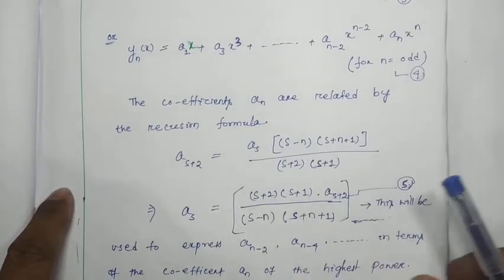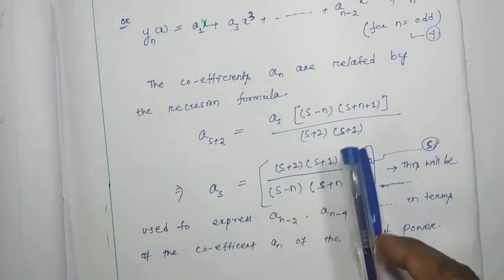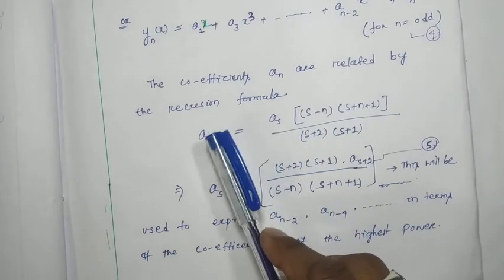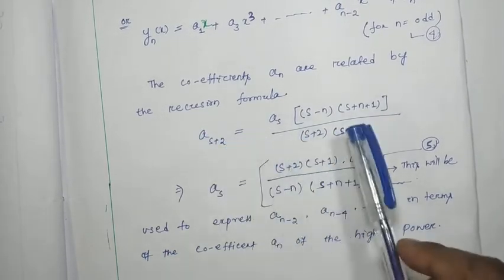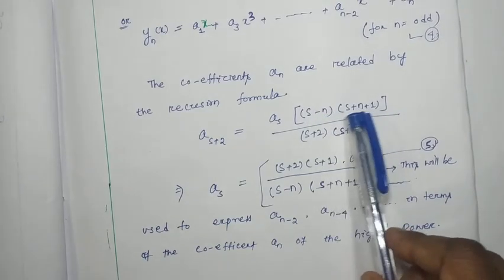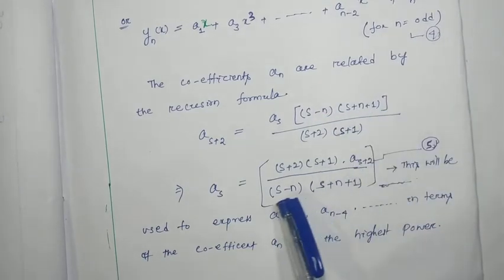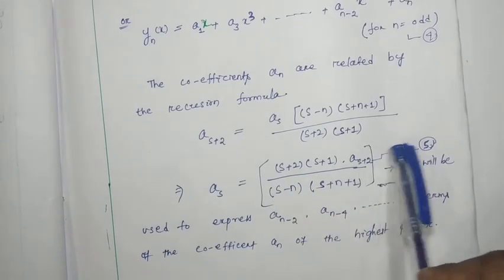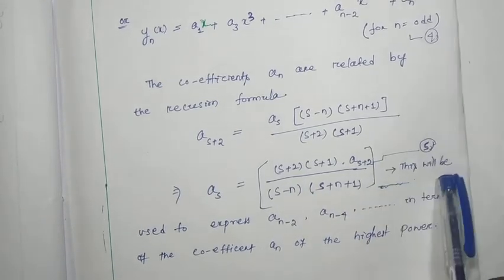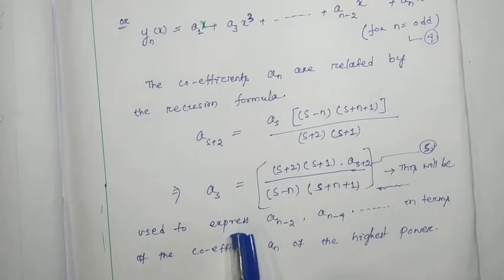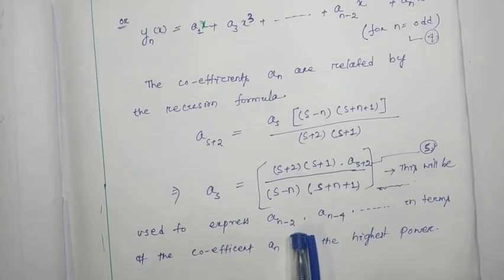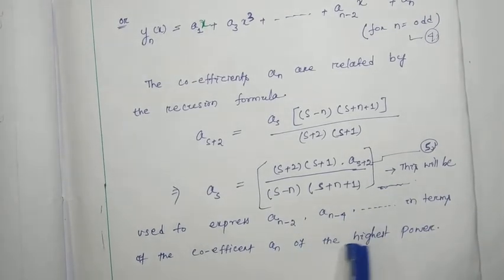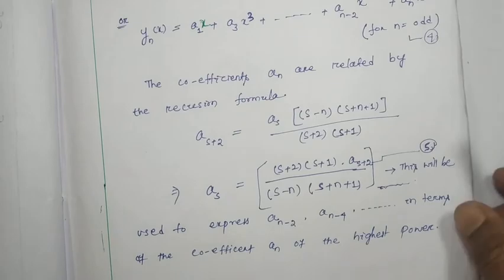Hence a s will be how much? a s will be s plus 2 into s plus 1 into a s plus 2 whole divided by s minus n into s plus n plus 1. Let it be equation number 5. This will be used to express a n minus 2, a n minus 4 in terms of the coefficient a n of the highest power. How, you just see.